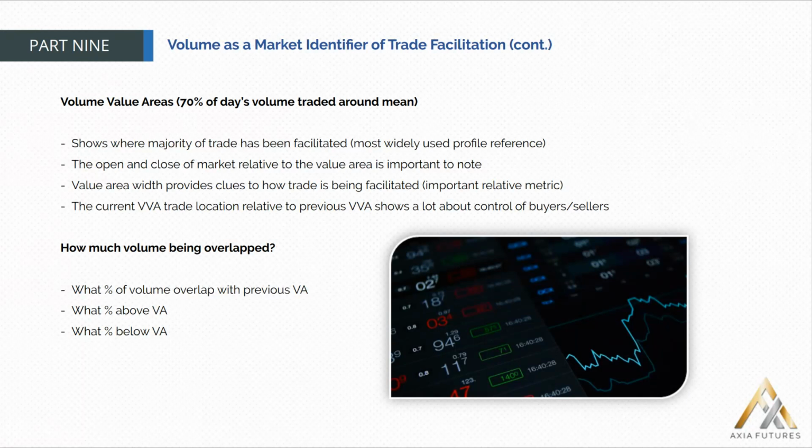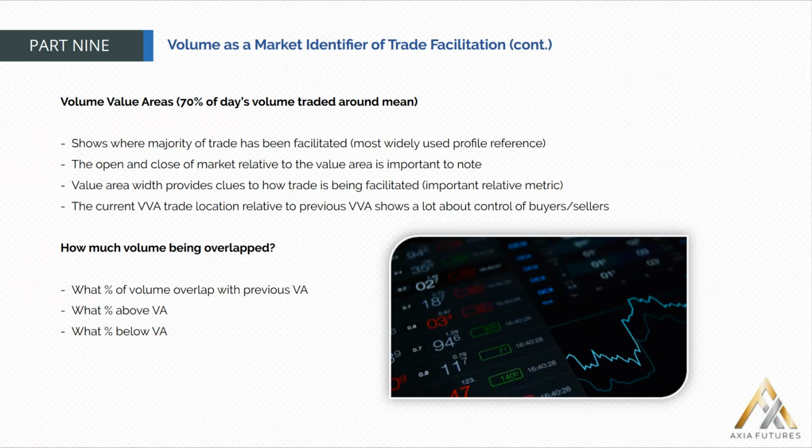If we have no overlap, it's telling us that buyers and sellers, whilst they transacted at one series of prices yesterday, are now transacting and accepting fair value at a new series of prices. This amount of overlap tells us a lot about the interaction between buyers and sellers and can give us vital clues about where price and value is likely to be accepted going forward.